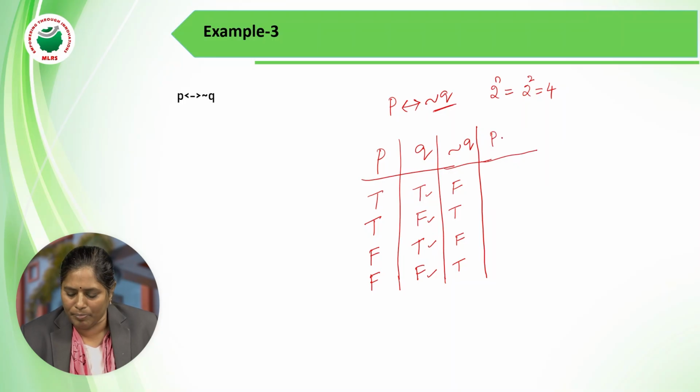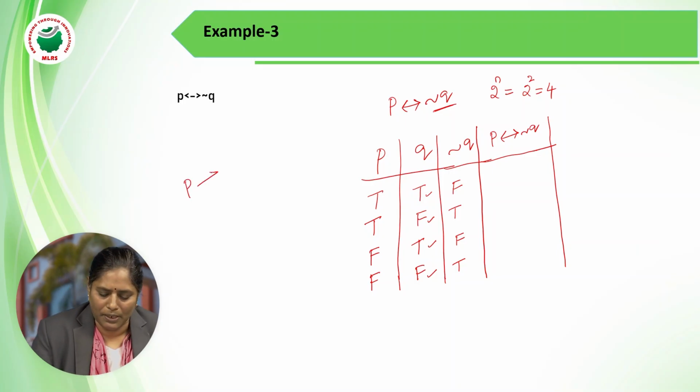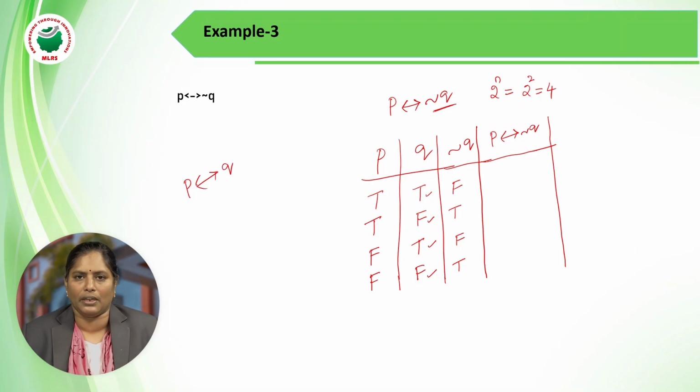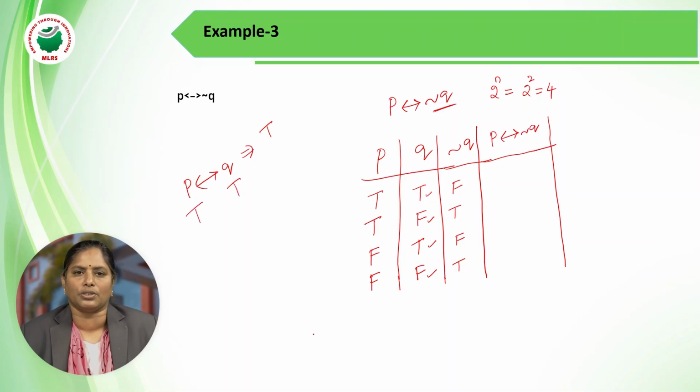Again, I am applying P implies negation Q. What is the implication condition? Let P and Q be two propositions, and the compound proposition is P implies Q. If P is true and Q is true, implication gives true.